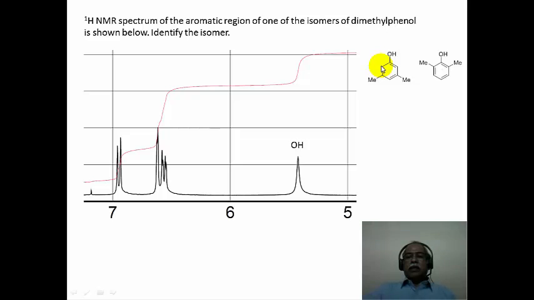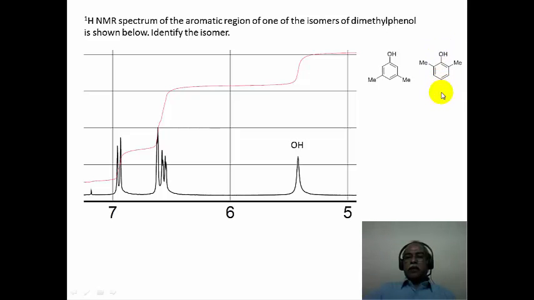Therefore the hydrogen which is ortho to the hydroxy and the other hydrogen which is ortho to hydroxy, in other words the hydrogens in the 2 and 6 positions, are chemically identical, and the hydrogen in the 4th position is different from the other two. Similarly, the hydrogens in the 3 and 5 positions are identical in terms of chemical nature, and the hydrogen in the 4th position is different. So these two isomers will essentially give only 2 chemical shift values because of the symmetry that is present in the molecule.